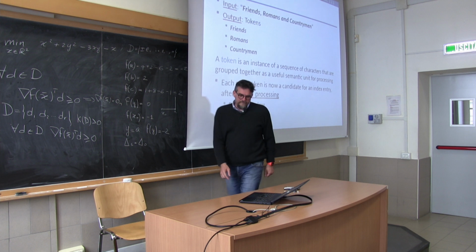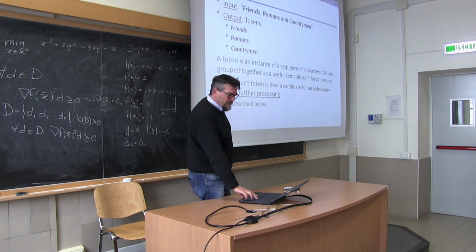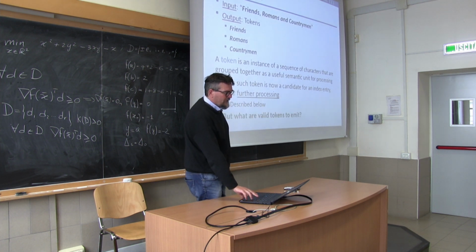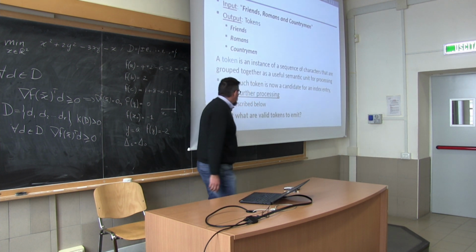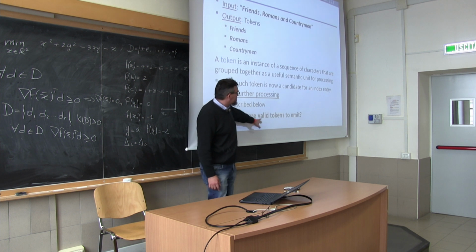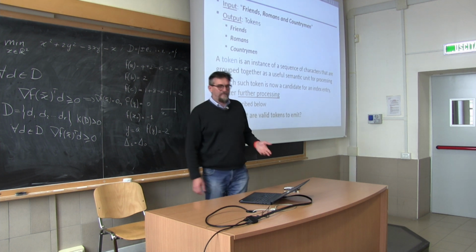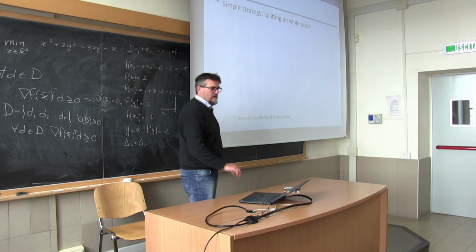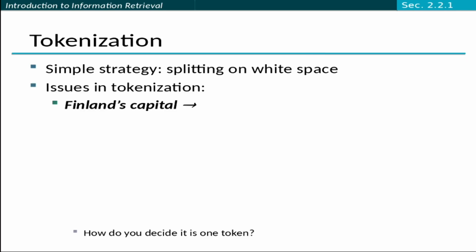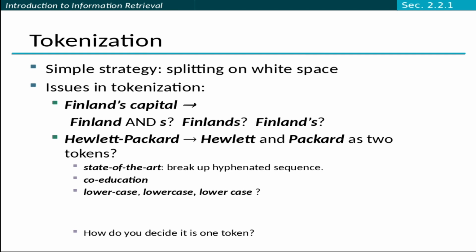Good. Okay, now just to give you again an idea of what kind of complexity we have, the main question we want to answer is: what are valid tokens to emit? Again, the simplest strategy is easy, white spaces, but just to give you an example, what is the tokenization for Finland's capital? It can be Finland and s, or Finlands, or Finland's.